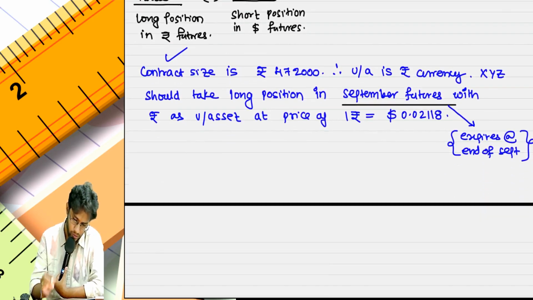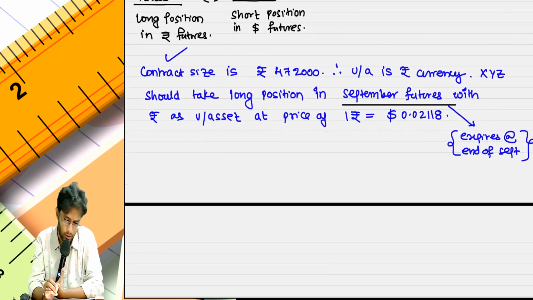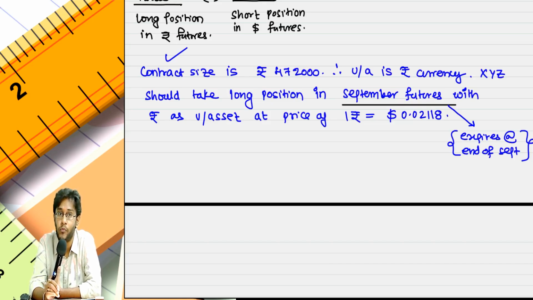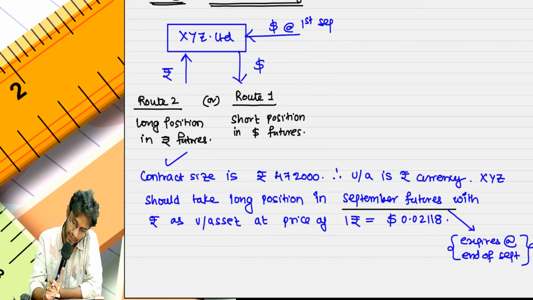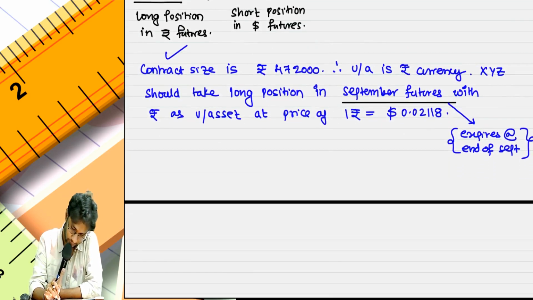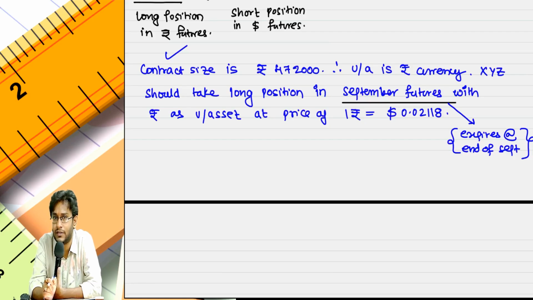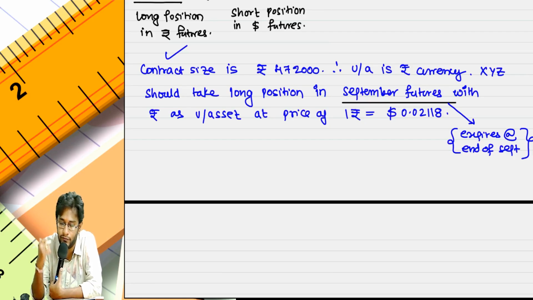Next, how many contracts you have to book? Lot size is 4,72,000, but the FC receivable is in lakh. What you have to do? First, $1 lakh you have to convert into equivalent rupee terms using which rate?